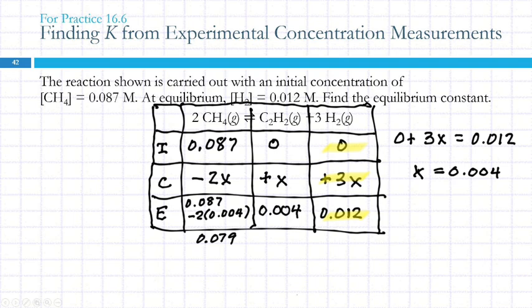Now we can calculate the equilibrium constant. We should always write the expression. So here, K is equal to the products, and the H2 has a coefficient of 3, so it has an exponent of 3, divided by the reactants, that is a coefficient of 2, gets an exponent of 2.